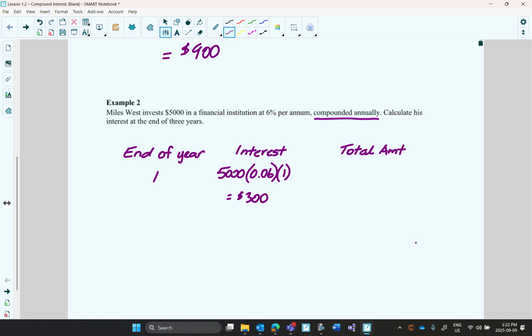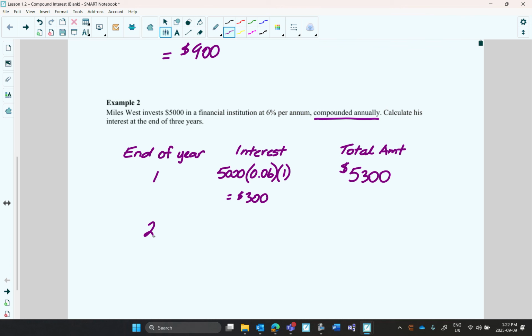What's the total amount of investment now after 1 year? $5,300. This is what we're going to calculate interest on in the second year. So at the end of year 2, we're not going to calculate interest on the 5,000 because he's got 5,300 in there.